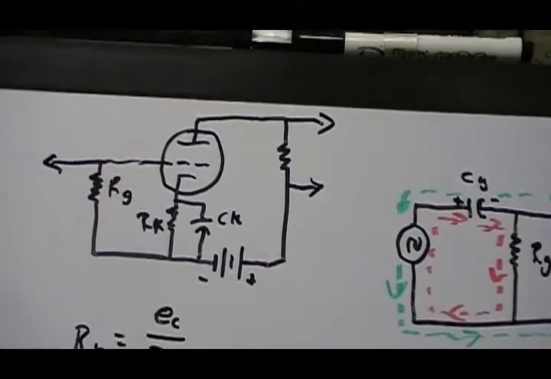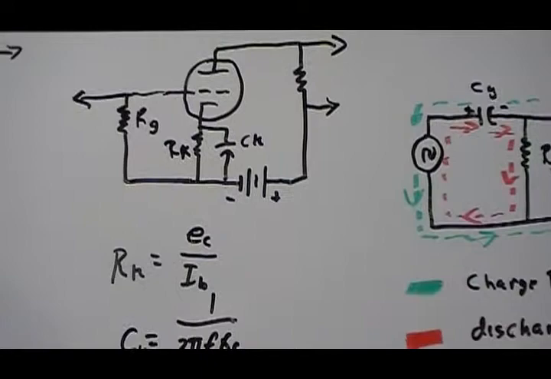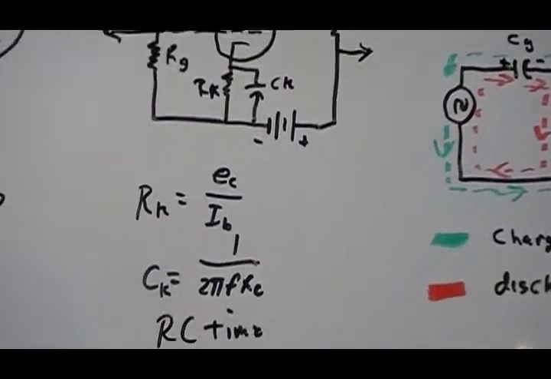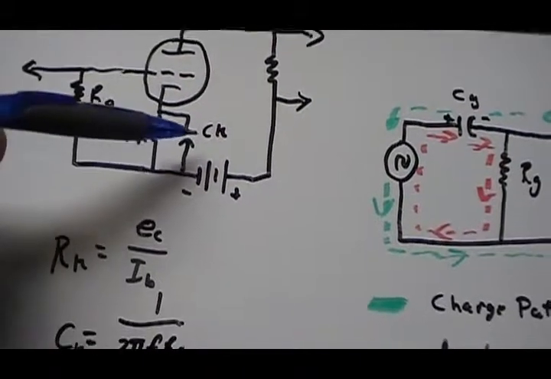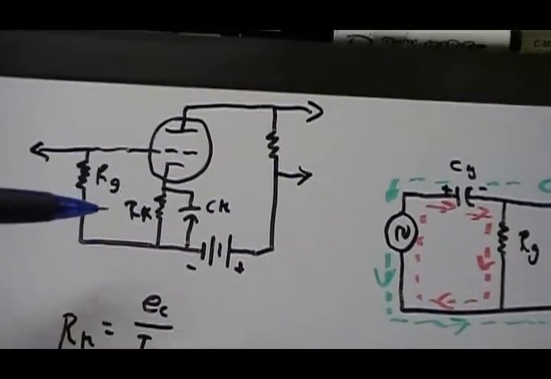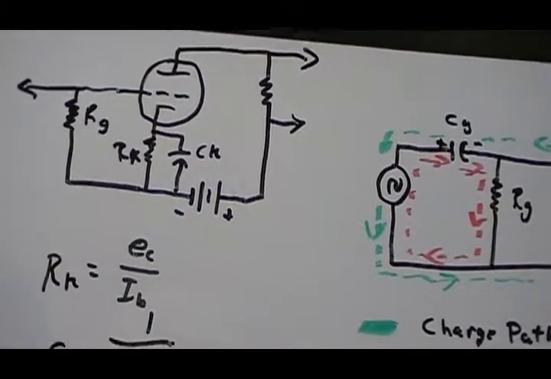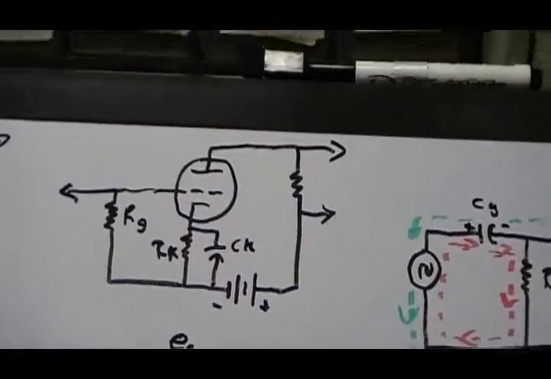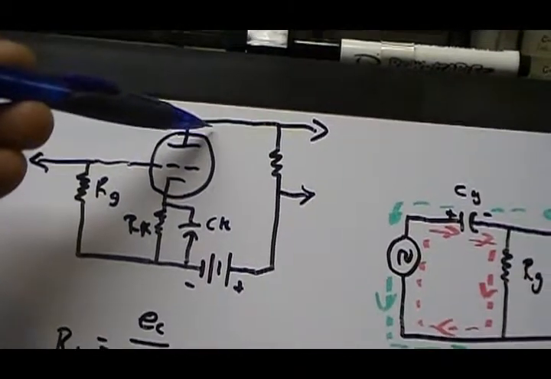What about this size? Well, the bypass capacitor, basically what you're looking for is, in a rough sense, you want the signal to bypass. The whole reason why this is going to be here is when a signal comes in here, what does it do? We learned before by looking at some charts that whatever varying voltage is going here is going to vary the plate current.